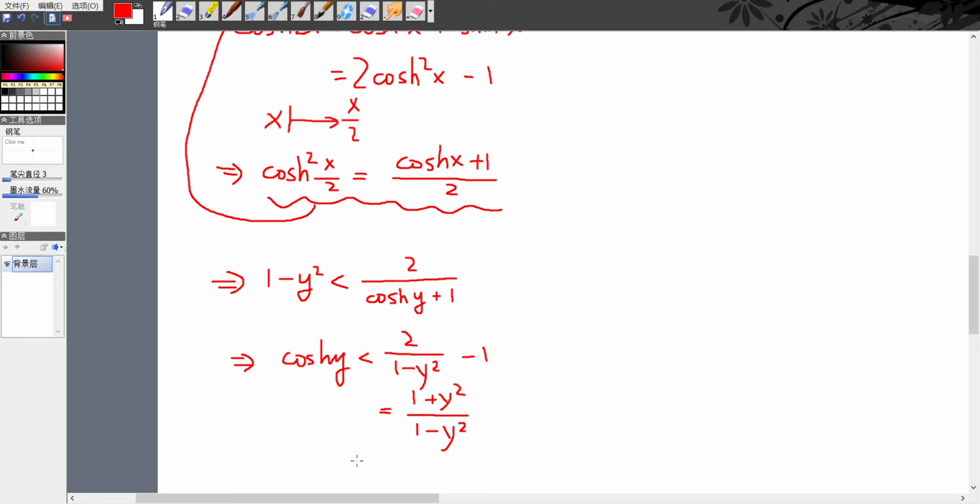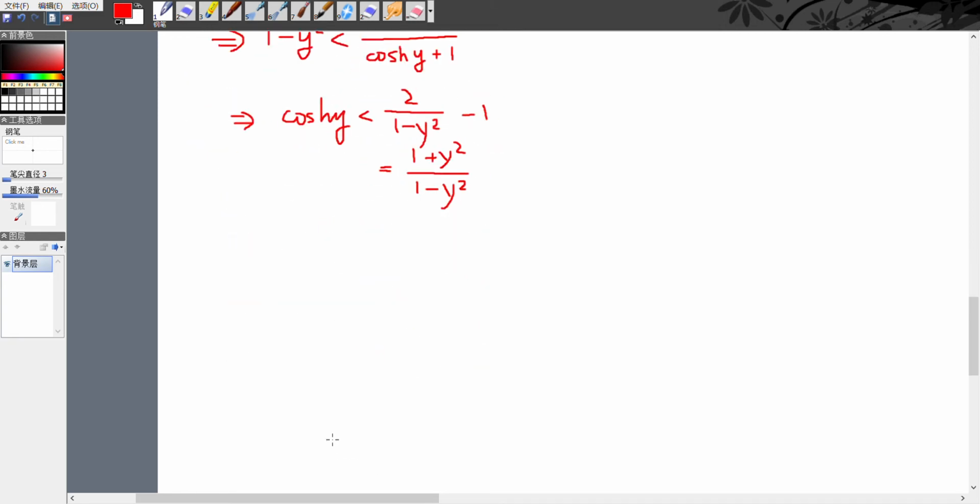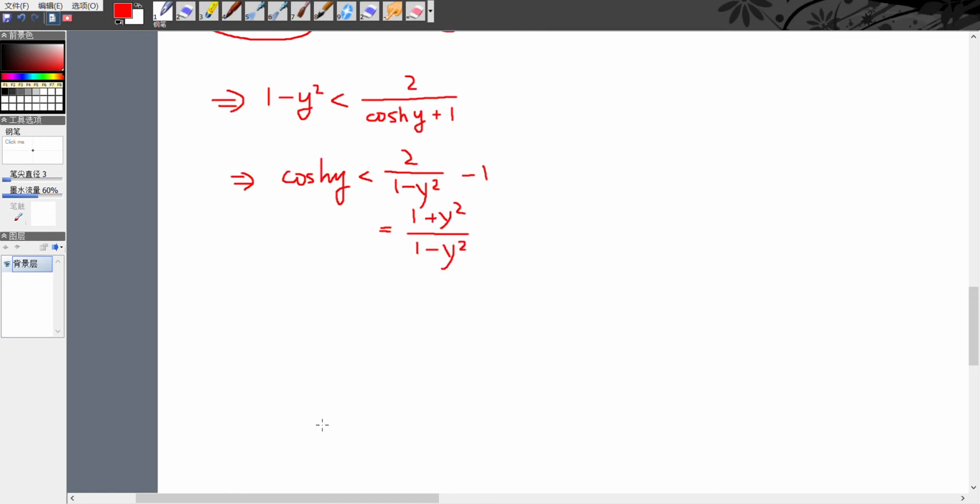And the next step is actually quite tricky. We want our inequality to comprise the term arccosh y, which is simply the inverse of cosh y. These two are the same, it's just different notations.